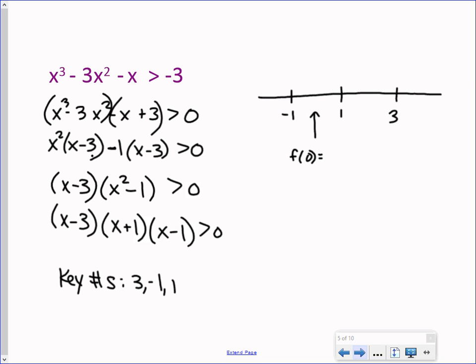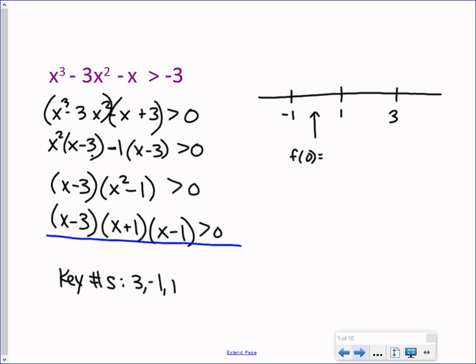So I choose f of 0. Now, here's what I'm going to do. I don't really care what the actual value of f of 0 is. I just want to know about the sign of f of 0. Is it positive or negative? So I'm going to come to this place where I have factored everything.